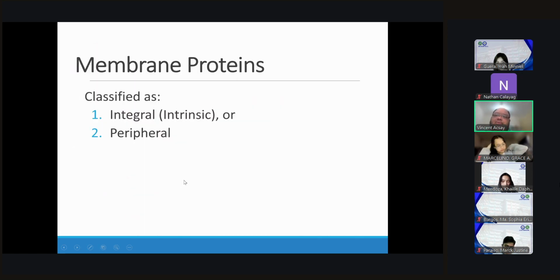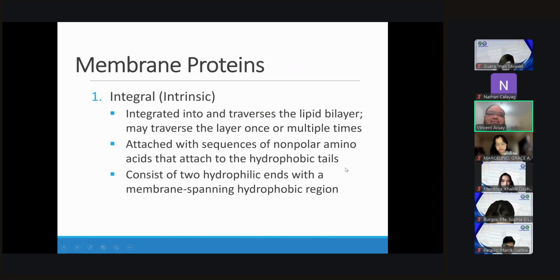When we talk about membrane proteins, we first have to classify them as either integral or intrinsic, or peripheral.